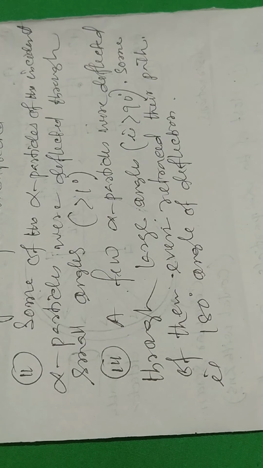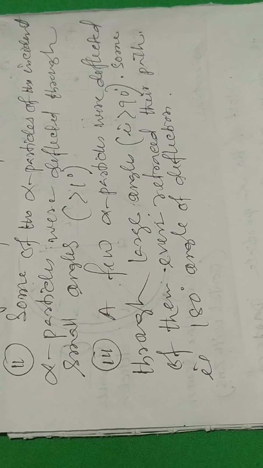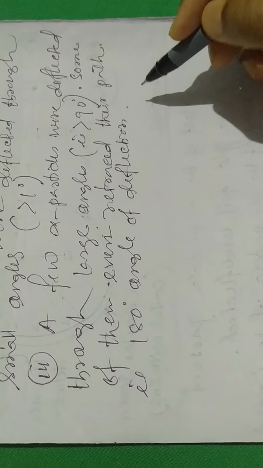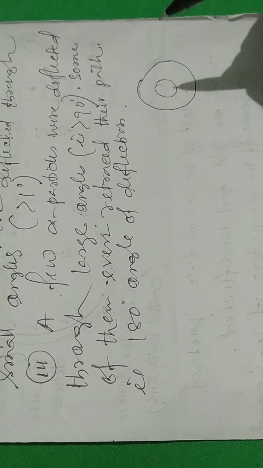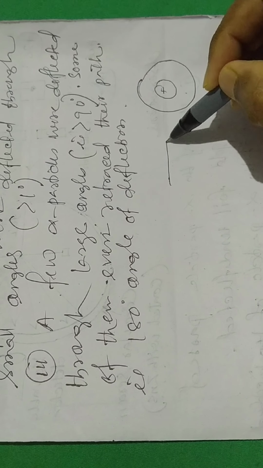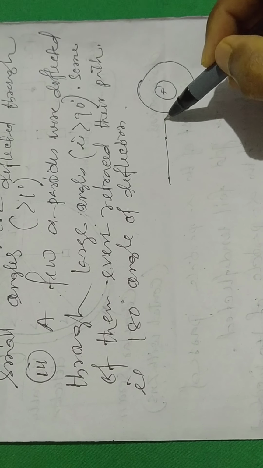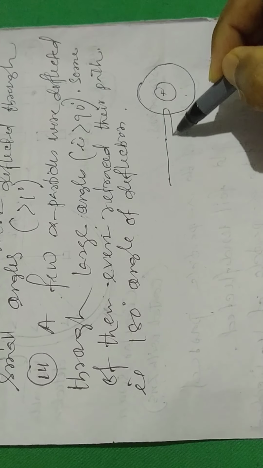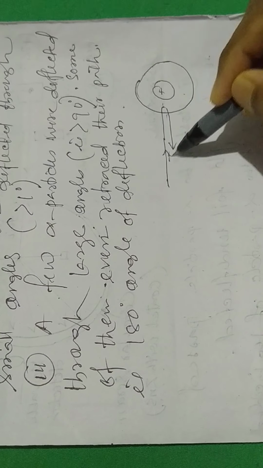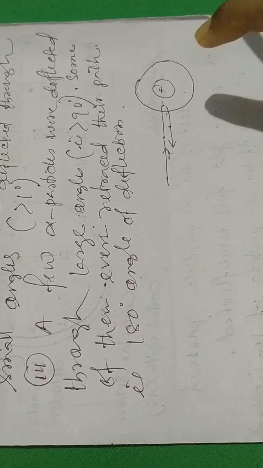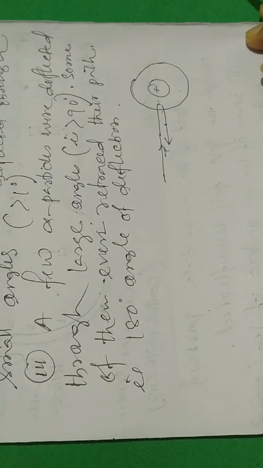It means the alpha particle whose path was followed before incidence on the nucleus again retraces the same path. If I see the diagram, it will be clear. This is the atom, this is the nucleus. The alpha particle comes directly towards the center of the nucleus, comes to rest and flies away. So this angle of scattering is 180 degrees. It means the alpha particle again follows the same path.